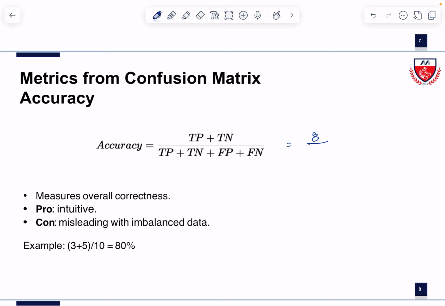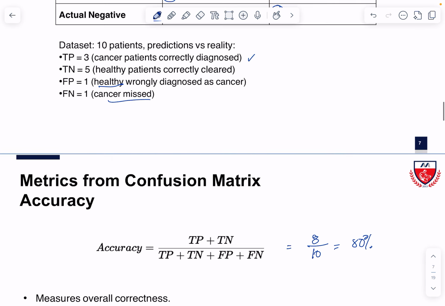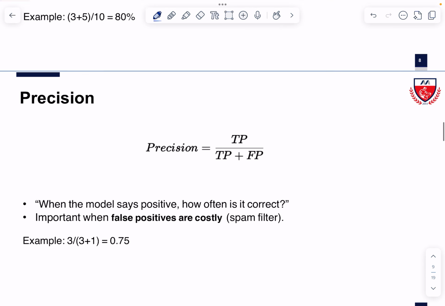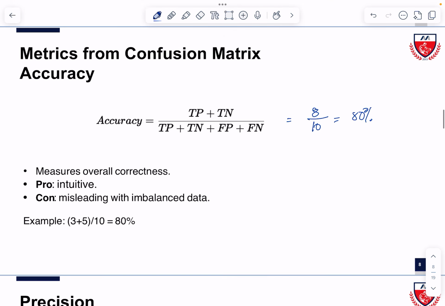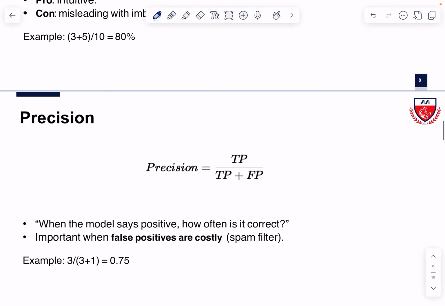There are eight accurate predictions out of 10 data sets that we have. That means our model is 80% accurate, right? So out of 100% accuracy, 80% tama yung ating model, right?